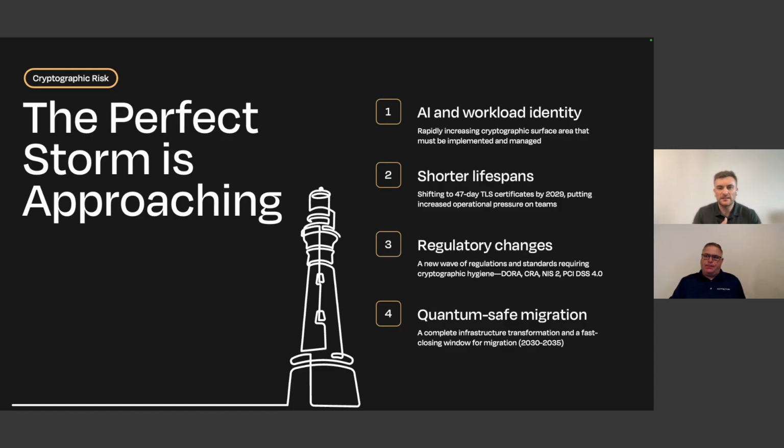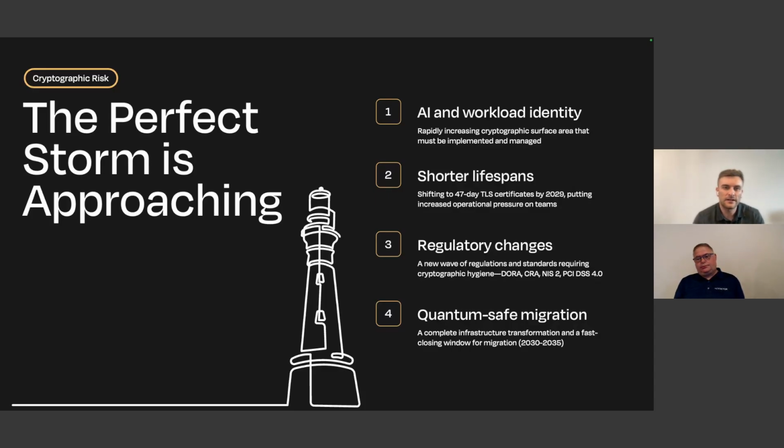And then we're also seeing this big push from regulators and standards that are actively driving the need for inventory and management of cryptography. You've got DORA, CRA, and NIS2, all three of those introduced, or at least mandated, in the last 3 years.